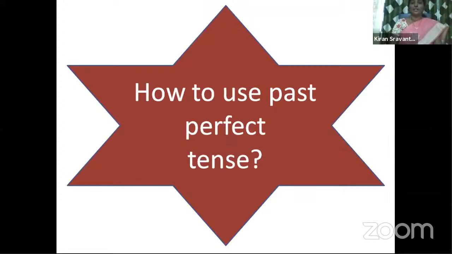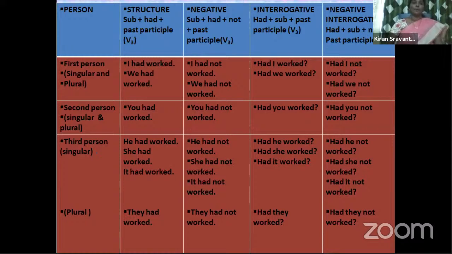And how to use past perfect tense. Let us learn, coming to the persons, first person, second person, third person. Coming to first person, I had worked. Here we use the past participle. In present perfect tense, what did we see? Has or have plus V3. But here we don't have any confusion. For all subjects we have had.